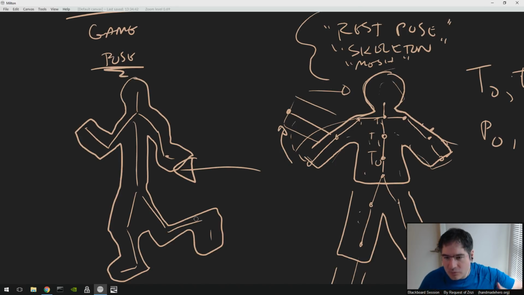So as this guy's skeleton runs through the world, which is a separate problem, that's animation, a totally different topic, right? But as this skeleton animates through the world, mesh skinning is the problem of how do we make the geometry for the guy follow the skeleton, right? That's what we're doing.